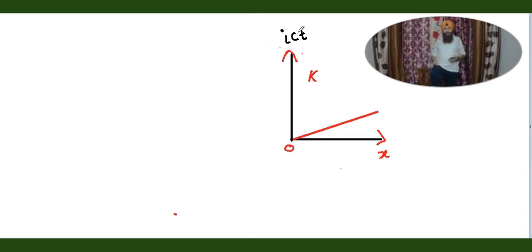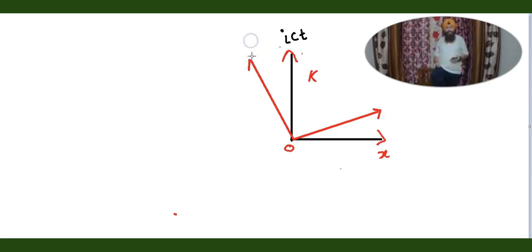This is ICT, in the K frame. Now we have another set of coordinates, like this is ICT dash and this is X dash. This is another frame K dash, shown with the red lines.